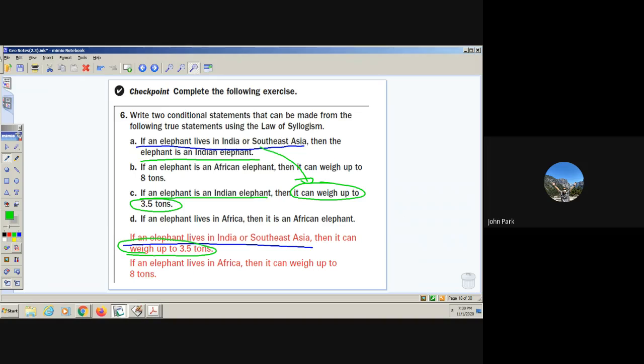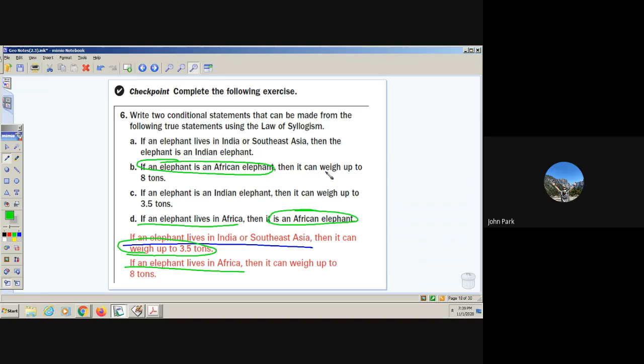Another statement I can make is, if an elephant lives in Africa, so let me erase this one here. We start with, if an elephant lives in Africa, which is here. We know that it is an African elephant, but we can jump from an African elephant to saying that it can weigh up to 8 tons.